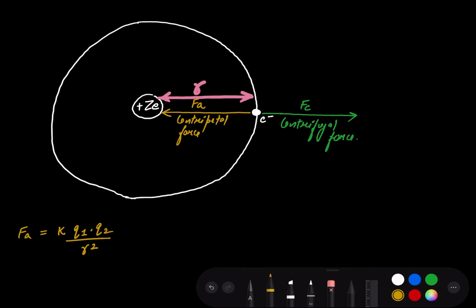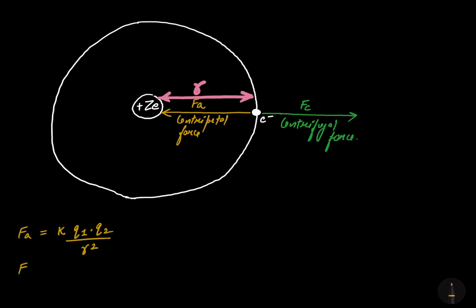Now let's come back to the formula. The centripetal force, that is Fa, will be equal to K times Q1 times Q2 over r squared. What's my Q1? It's my nucleus. So Q1 is plus Ze. What's my Q2? It is my electron. It will be minus e, divided by small r square.